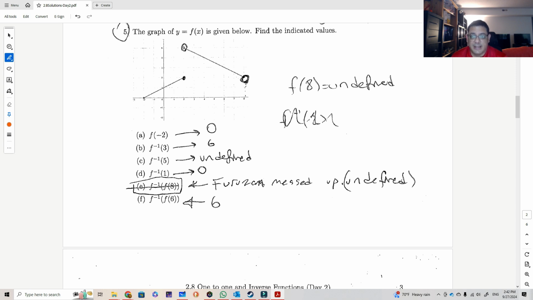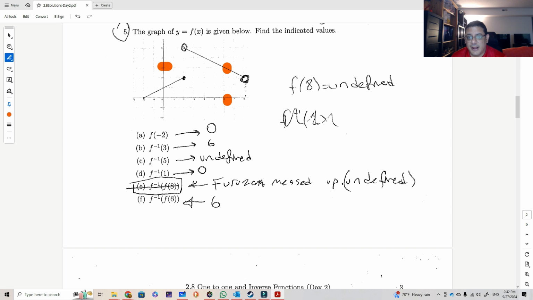We can find values like f minus 1 of 3. If I go to 3, I'm at this point, so I'm going to be here. So that means it's going to be 6. Picking up 3, checking where the function is, it gives me 6.